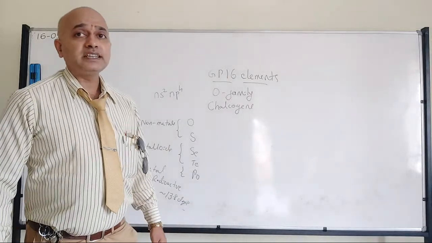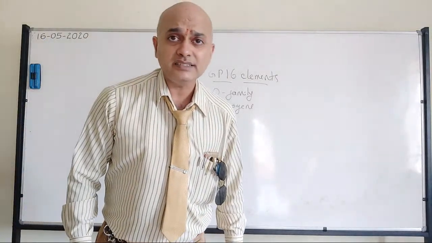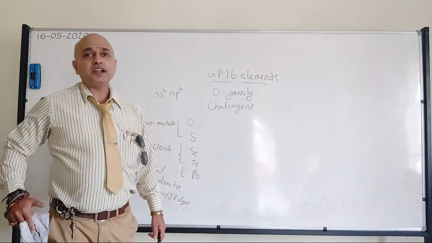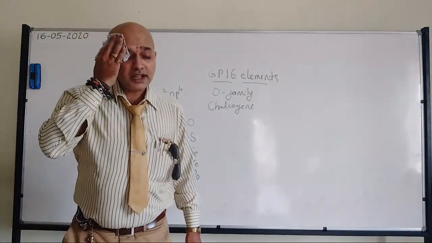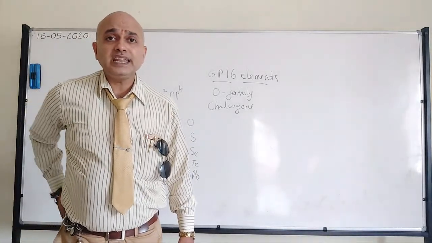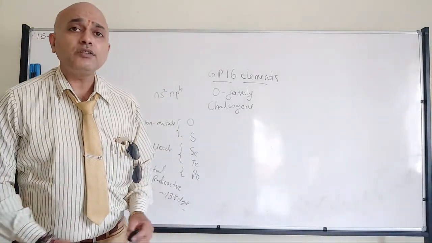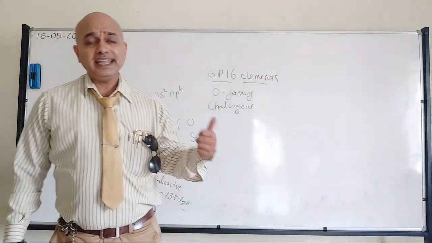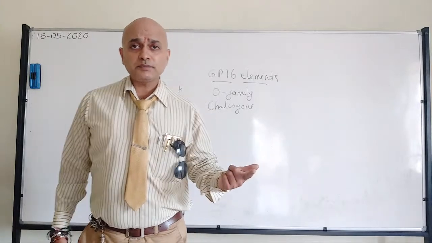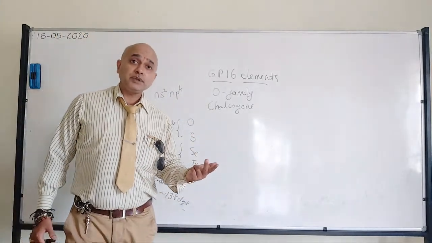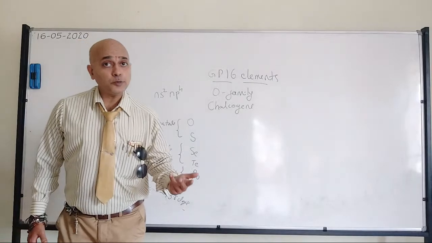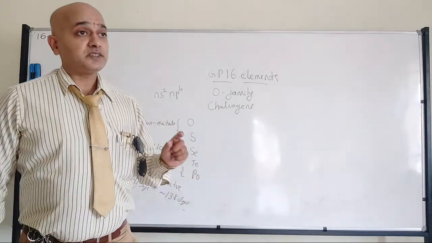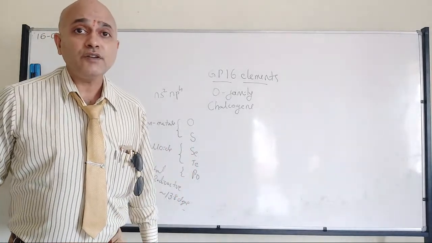So what I will do is, in the next class, that means Monday's class, we will go with electronic configuration. Then we will start with the properties of group 16 elements. Any doubt? So what you can do is, by Monday you can be ready with Haber's process, Ostwald's process, then PCl3, PCl5, then allotropes of phosphorus, and even the structures of oxo acids of phosphorus.